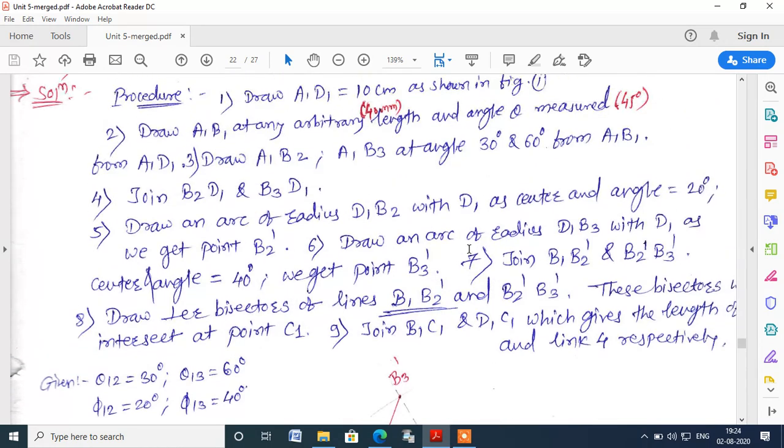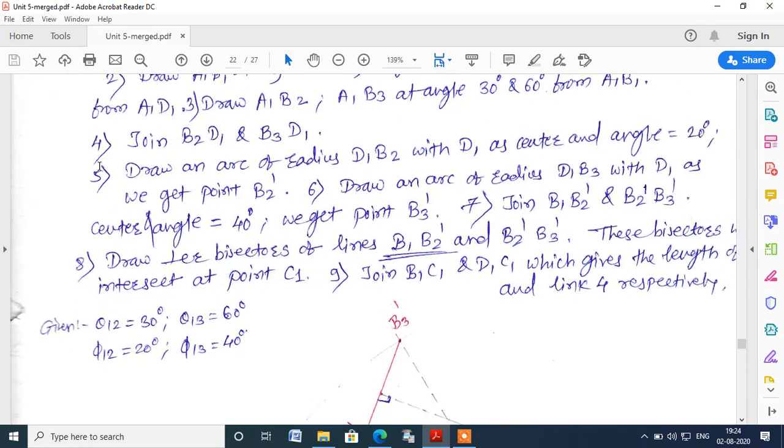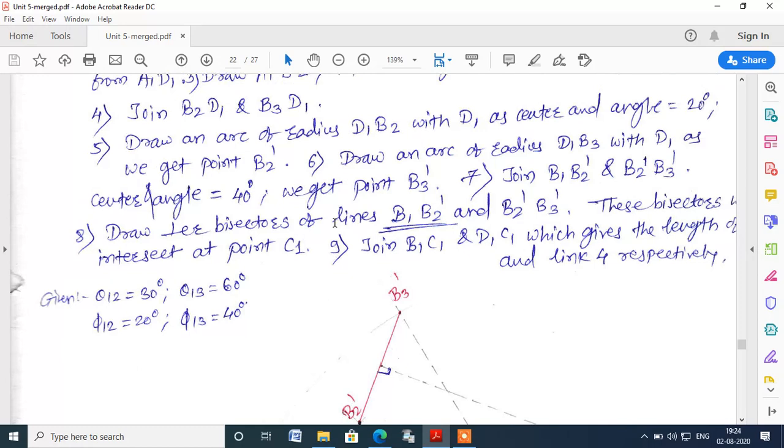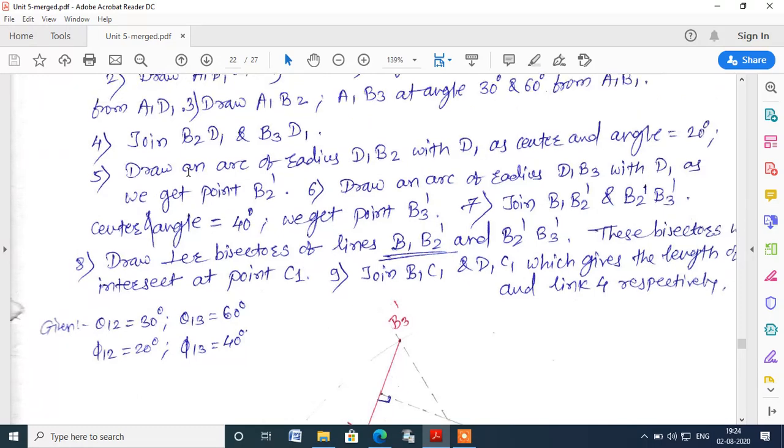Okay, we have drawn. Next, join B2 D1 and B3 D1. So here we got B2 point, we got B3 point. So we have to join B2 with D1 with dotted and B3 with D1 again dotted line. Then draw an arc of radius D1 B2 with D1 as a center and with angle 20 degree we get point B2 dash.